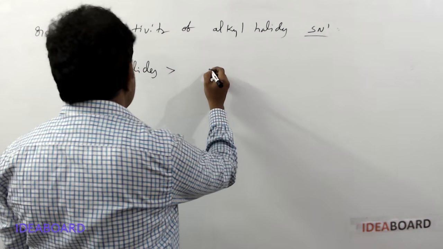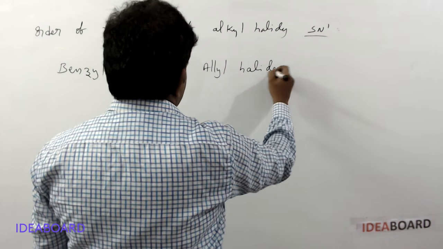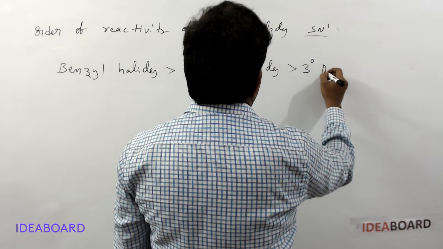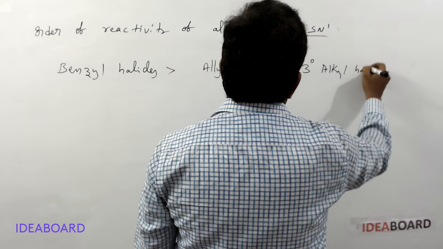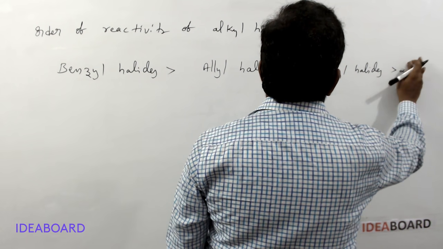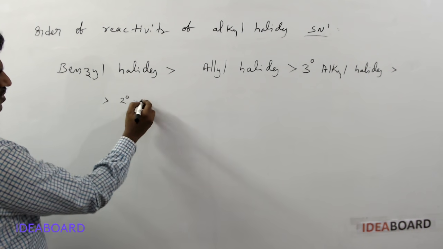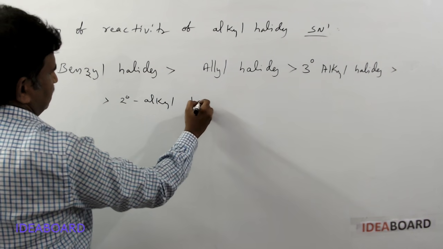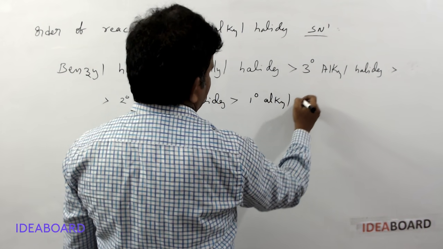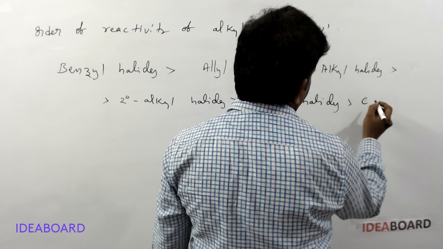The next one is allyl halides, and the next one is tertiary alkyl halides. Then secondary alkyl halides, and the next one is primary alkyl halides, and the last one is methyl halide.